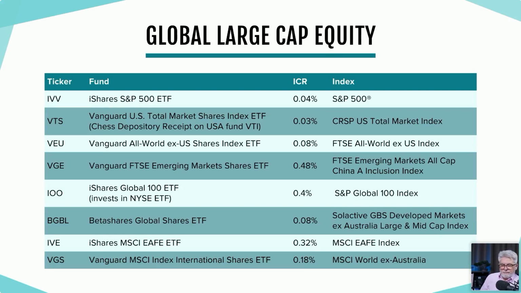So the S&P 500 is the 500 largest companies listed in the US. That's on the New York Stock Exchange and on the NASDAQ. VTS, in true American exceptionalism, calls itself the total market index. What that means is it includes big companies, medium companies, and small companies, all listed in the US. So that's a broader index. It's less liquid, harder to hedge, but to all intents and purposes, they're very similar.